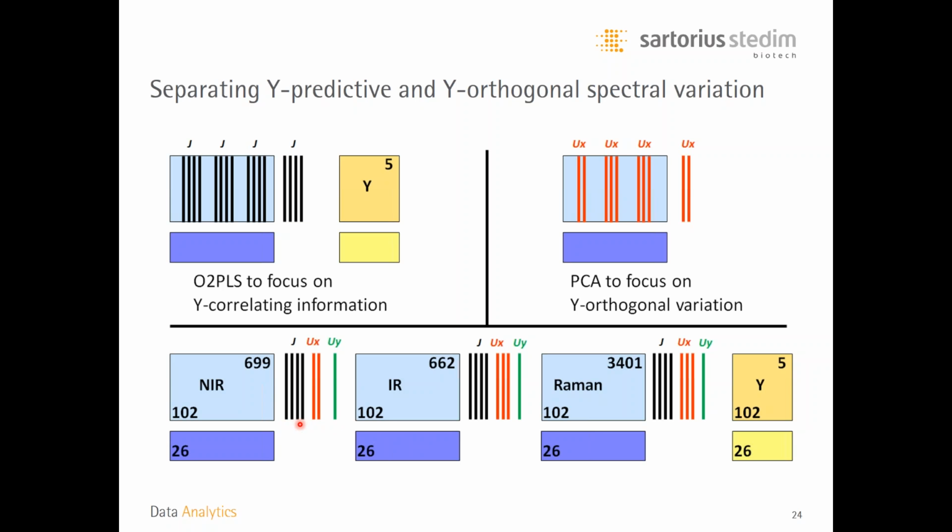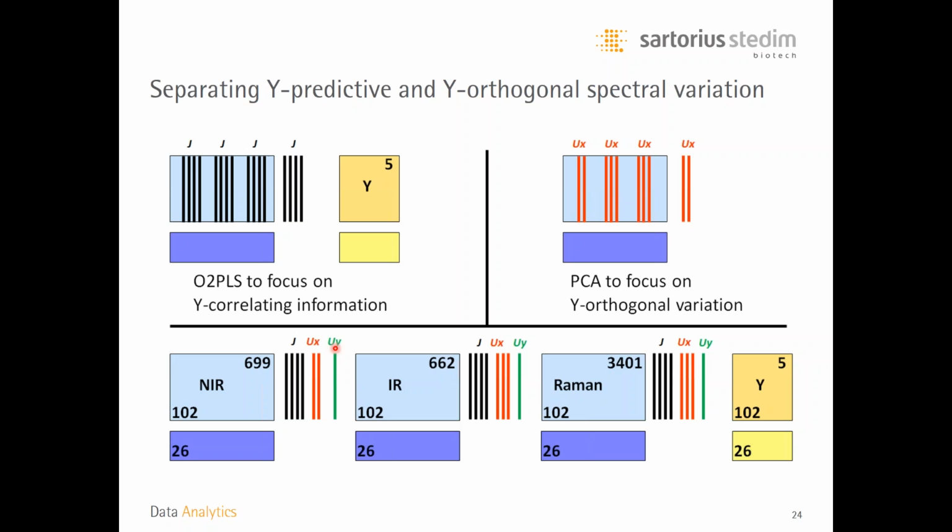Basically it means that we find 4 score vectors summarizing joint information between NIR and the Y. So there are 4 components fishing out spectral variation in the NIR data that correlate to the Y data. There are 2 score vectors that summarize variability that is only found in the NIR data. They are unique to the X part. And then there is also 1 score vector fishing out systematic variability among the samples that is unique to the Y.